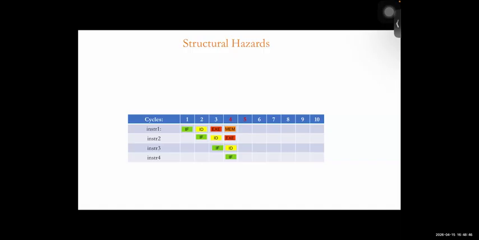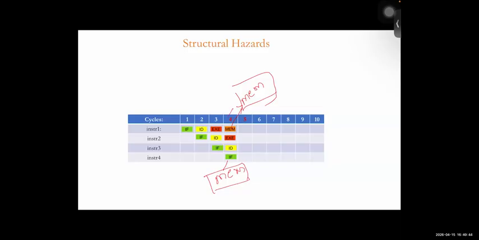Now, as per structural hazard, do you find is there any problem at the fourth cycle? That's correct. Instruction 1 is accessing the memory, and instruction 4 is also accessing the memory, because in the instruction fetching stage the same functional unit will be used.